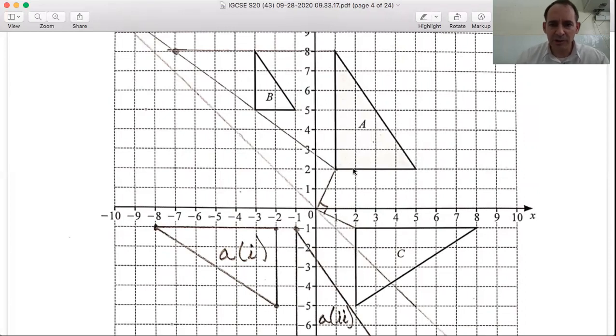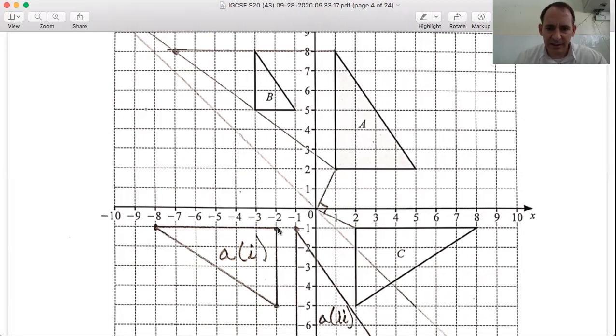So what you do is you count perpendicularly to the line and then count the same on the other side. So here's our vertex. So if we go perpendicular, it would be diagonally. So here's one complete diagonal and a half before we reach the line. So we need to go 1.5 on the other side. So here's the half and here's 1.